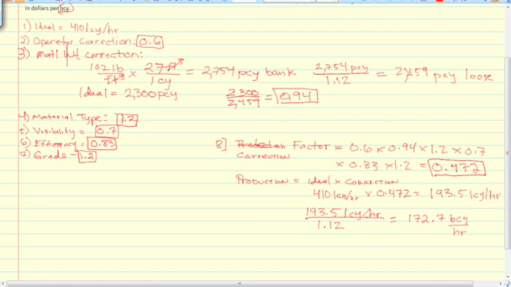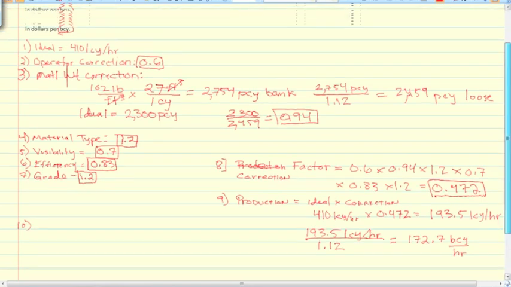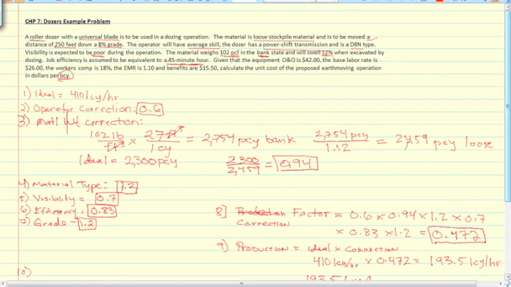Okay, so basically that's one half of the problem. Now the second half here, we'll call that number 9. So step 10, we'll get all the cost data figured out. So if you go back up, we talked about the cost. So you can see the owner and operator, 42, base labor rate, workers' comp, EMR, and benefits.